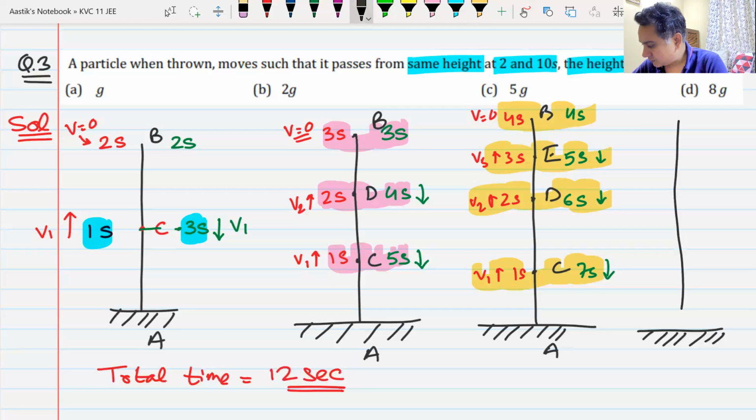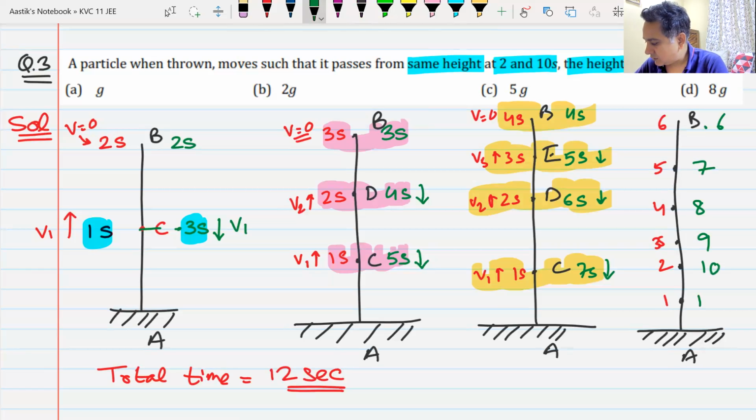Now will it go up? 1, 2, 3, 4, 5. 1 second, 2 seconds, 3 seconds, 4 seconds, 5 seconds, 6 seconds. 7, 8, 9, 10, 11, 12.